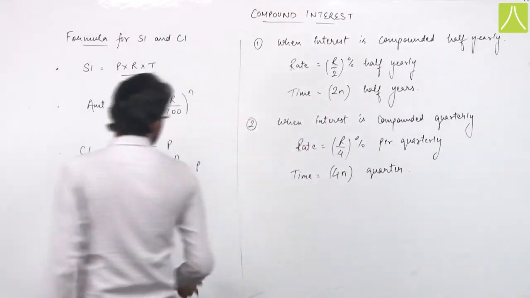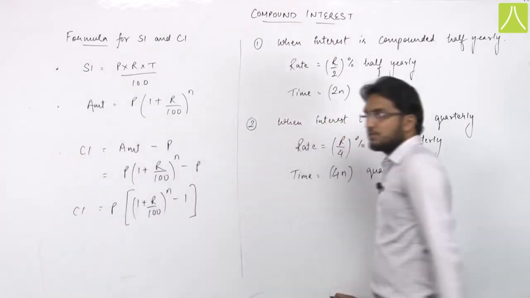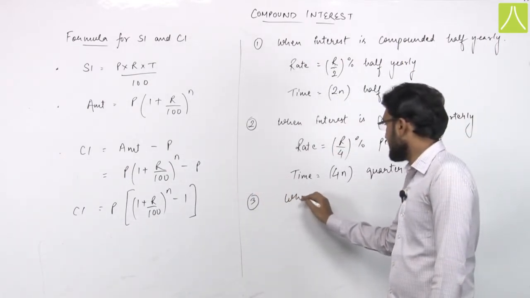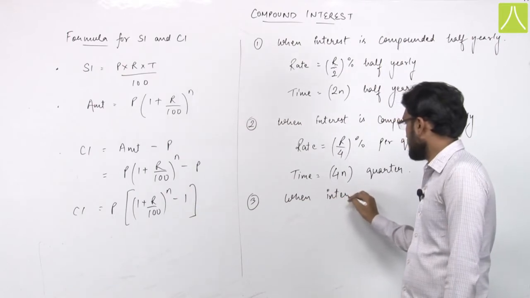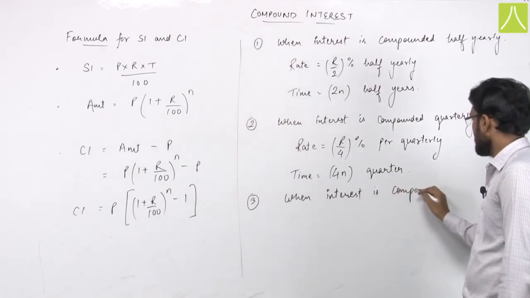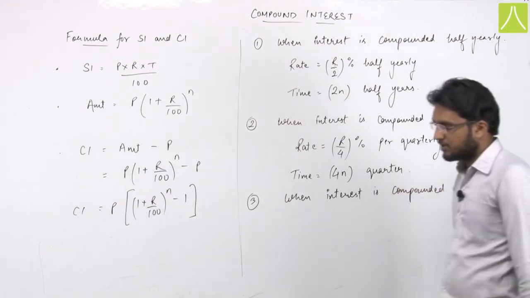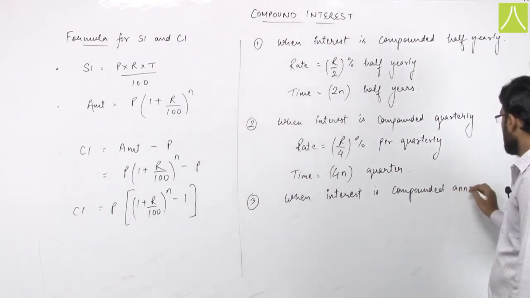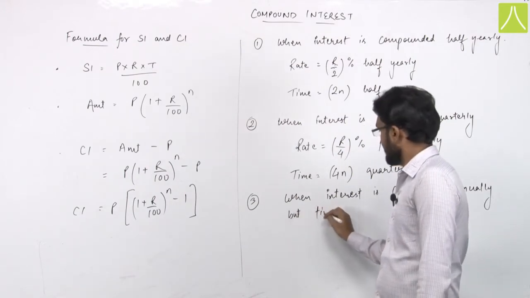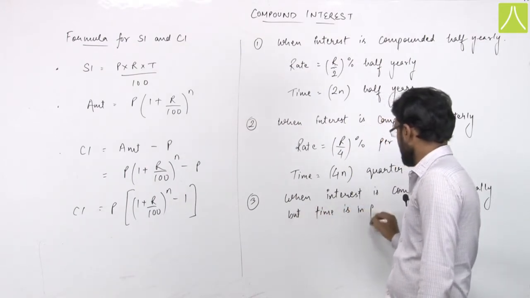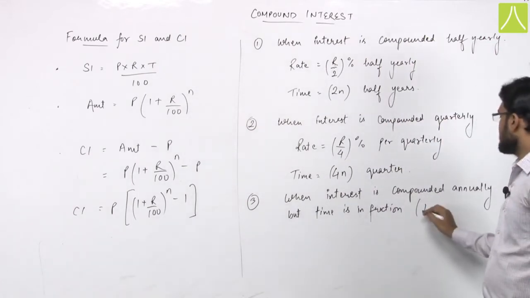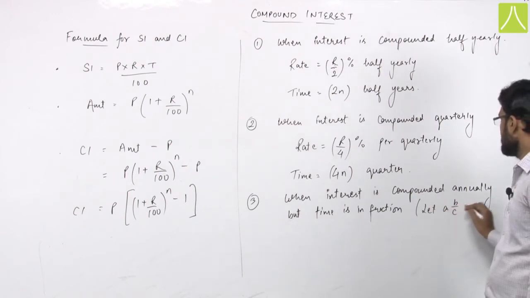Now suppose the time is given in a fraction. Let us see over here, when interest is compounded annually but the time is in a fraction, or I can say an improper or mixed fraction, let us say a b upon c.